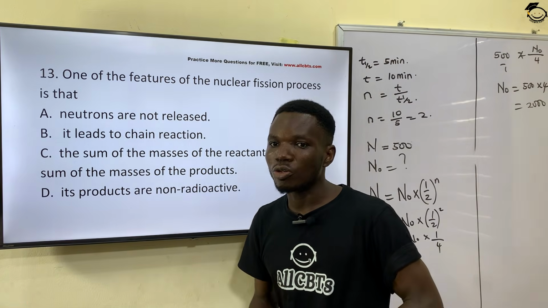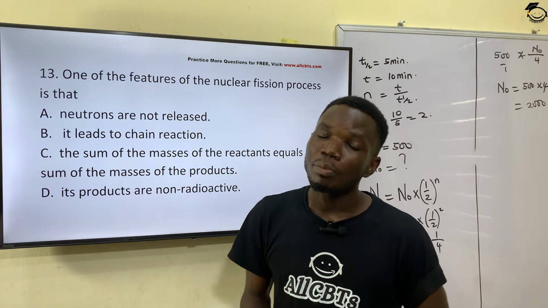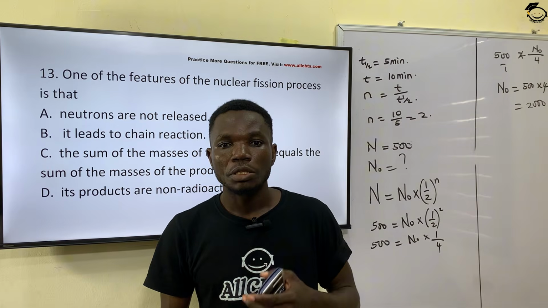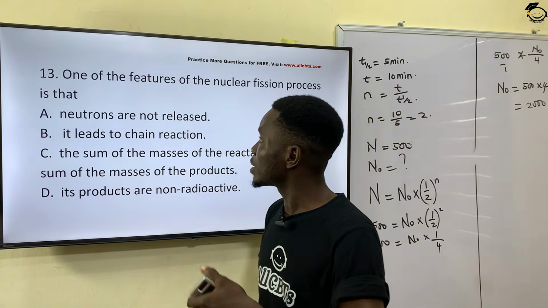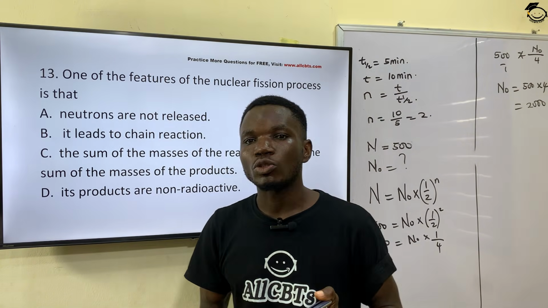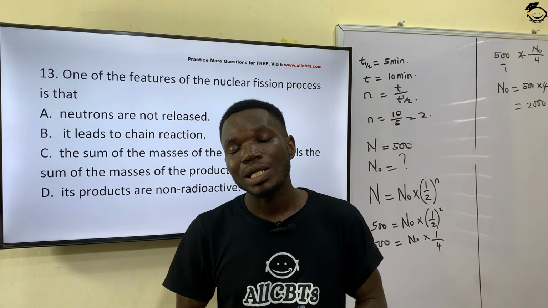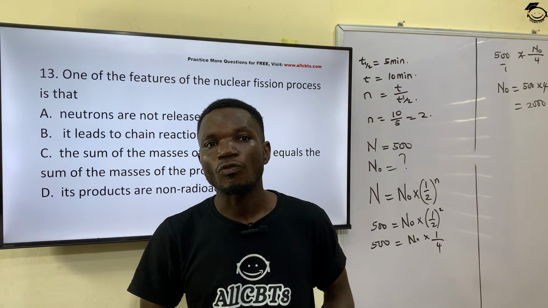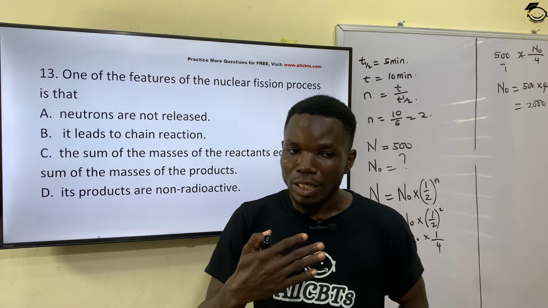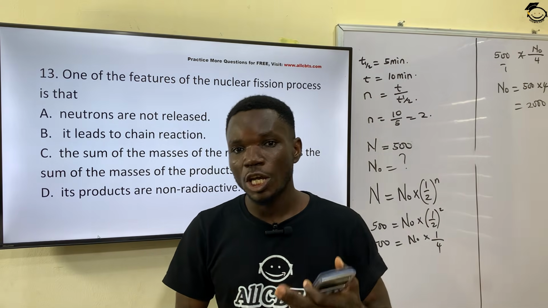Now, nuclear fission is a type of nuclear reaction where the particles are constantly splitting. When they split and form protons and neutrons, or even smaller particles, those smaller particles in themselves split again to form smaller particles, and they continue to split, thereby forming a chain reaction.